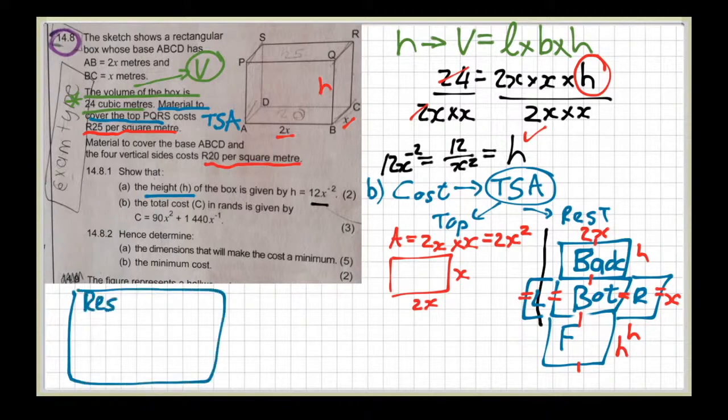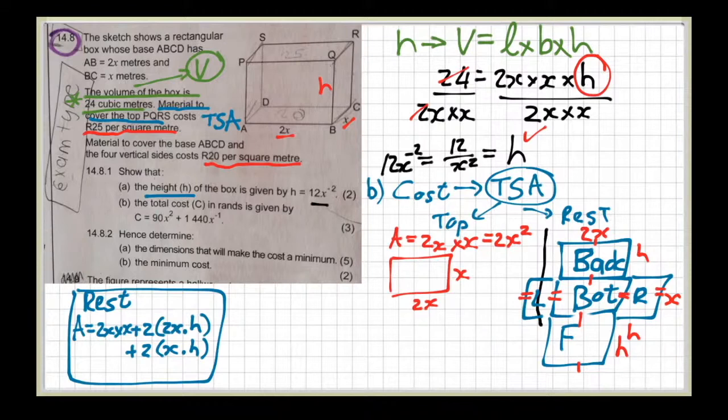Let's quickly do it here on the side. The area: I've got 2x times x, plus 2x times height, plus 2x times height. And that is now the formula for the area of the rest.